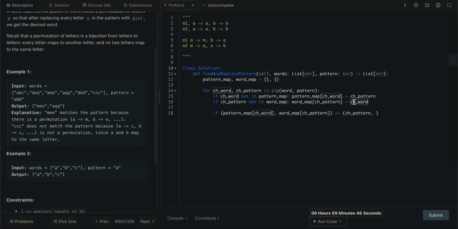If it is not equal, then return false, otherwise return true.